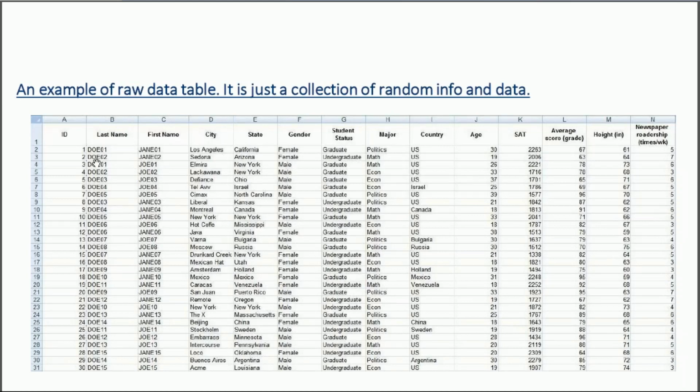Ideally, there will be a unique identifier also, like the ID we have here, alongside the first name and last name. The unique identifier helps you identify that particular incident in the entire data set. It's also sometimes referred to as the primary key.